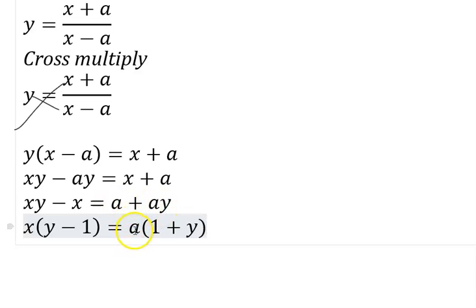Because a times 1 gives you a, anything times 1 is that thing, 5 times 1 is 5, Z times 1 is Z. So a times 1 is a, times y will give you ay that we have here. Same thing, x times y will give you xy. X times minus 1 here will give you minus x. Anything times 1 is that thing.